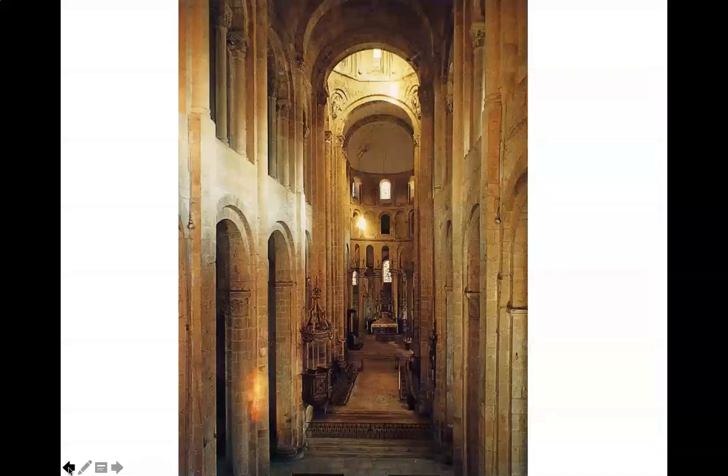And then also, the capitals are not Corinthian. They're not Ionic. They're not Doric plain. There's actual sculptures inside the capitals. Now remember, the capital is the top of a column.